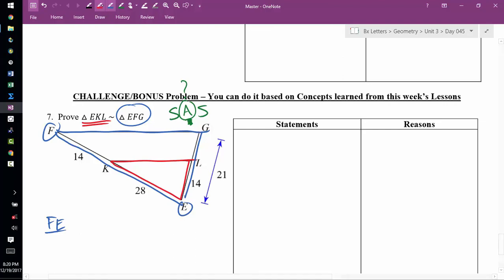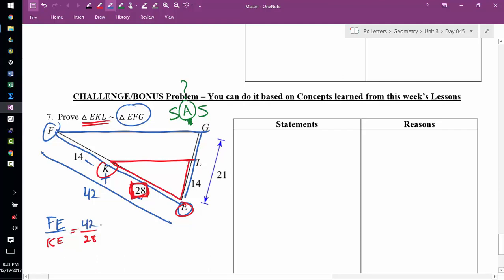Well, that's going to correspond to side KE. And when I look at that ratio, that will be 28 in the denominator, and the sum of 14 and 28, 42, right? 42 goes up there, and I'll evaluate that ratio in a second.